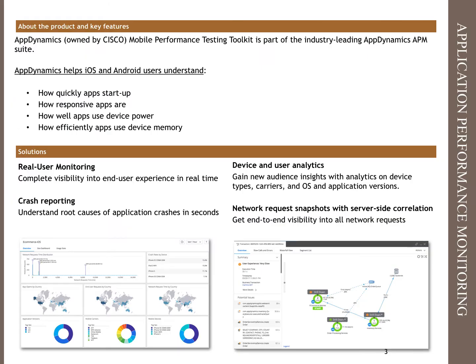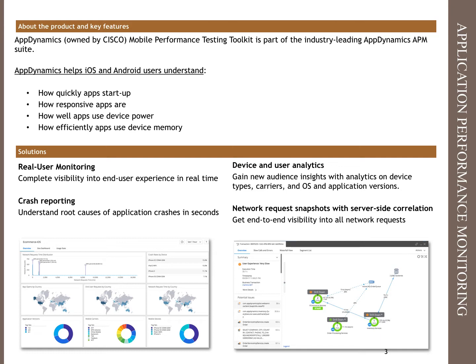Now, AppDynamics is a mobile performance tool that was actually recently acquired by Cisco. We're not going to talk about the entire application performance monitoring tool suite of AppDynamics, but just the mobile part of it.